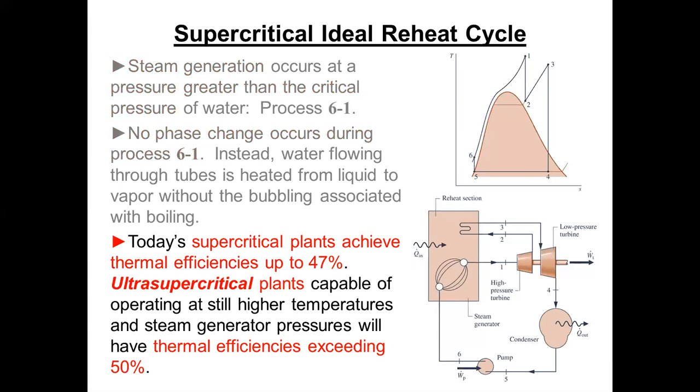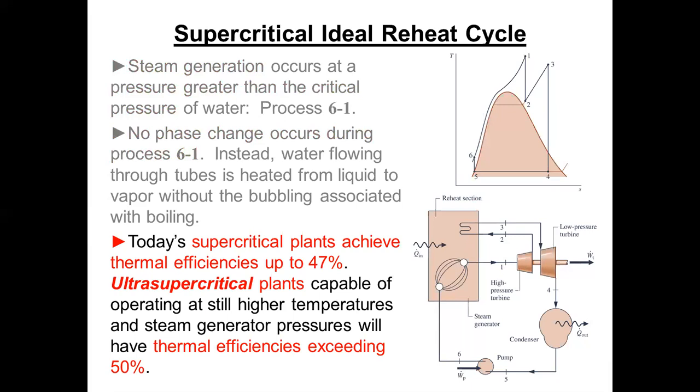Ultra supercritical plants are even higher in pressure, and they say they have thermal efficiencies above 50, and I'm sure that's true. TVA has the Bull Run plant, which has been multiple times the most efficient Rankine cycle plant in the country, if not the world. And I think the pressure runs there 4,500 psi.